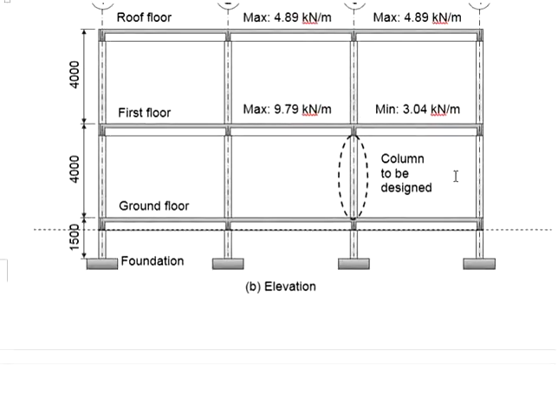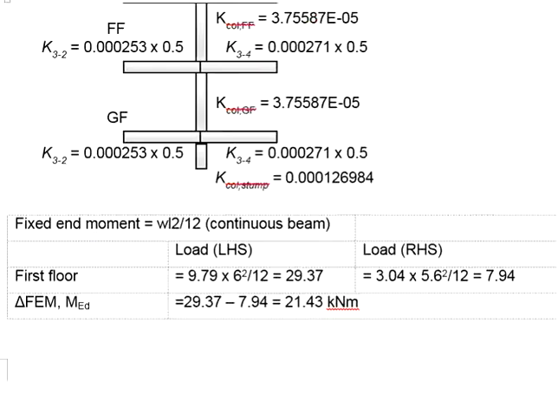As for the right hand side, minimum load is assumed. That gives you 3.04 times the beam span of 5.6 squared, divided by 12. Your fixed end moment on the right hand side will be 7.94 kNm.